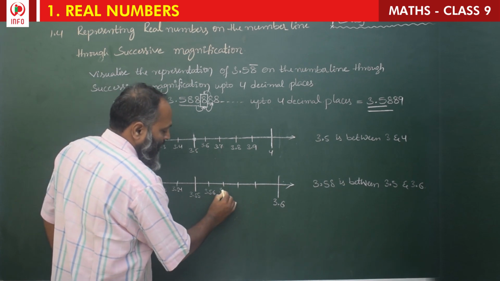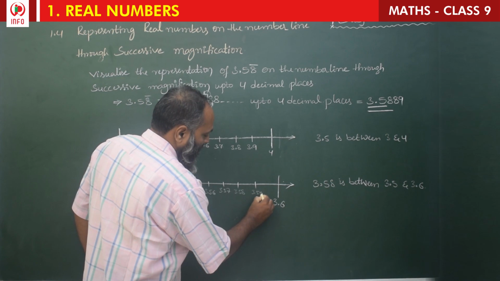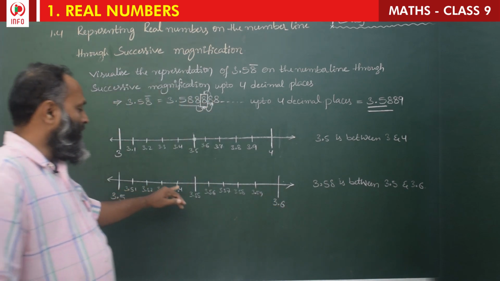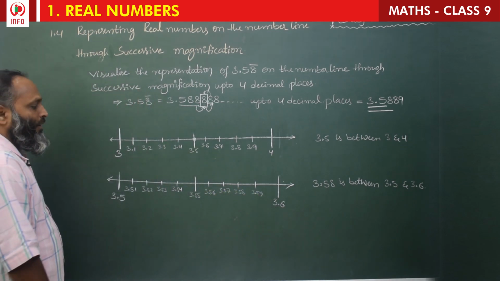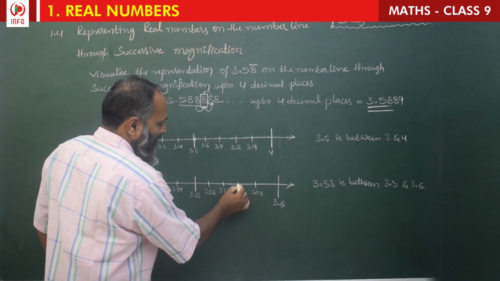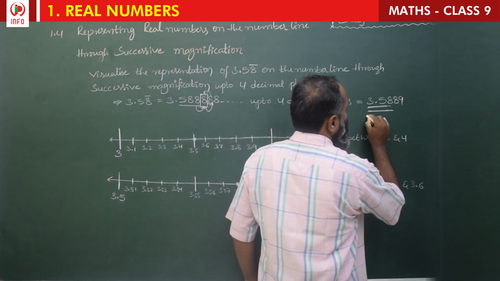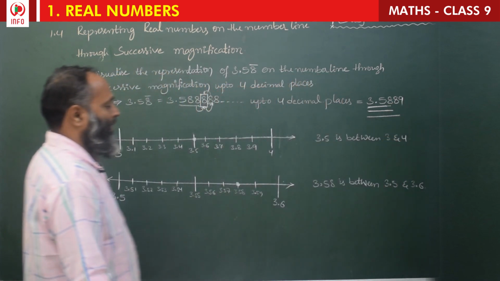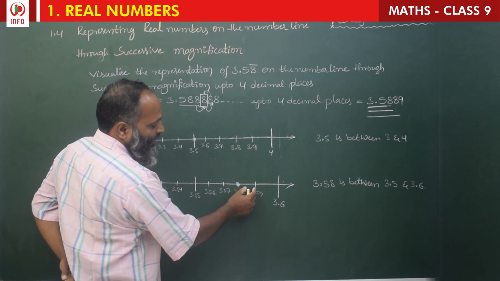Like that, 3.60 means 50, 51, 52, 53, 54, 55, 56, 57, 58, 59, 60. So here we have 3.58. Now after that, 3.588, we need 88. Where is 3.588? 3.588 is in between 3.58 and 3.59.